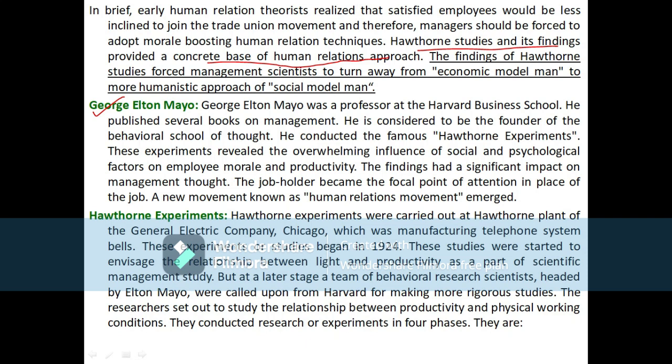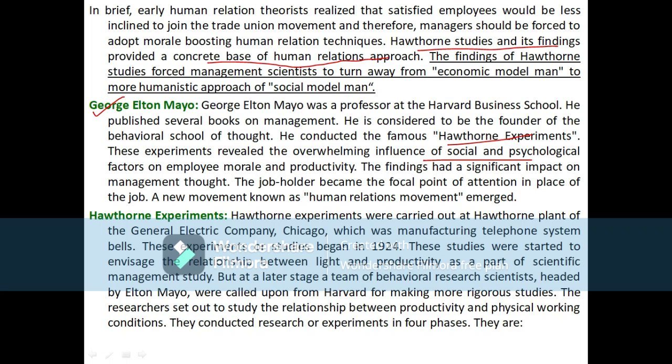He conducted the famous Hawthorne experiments, industry experiments conducted in order to know the behavior of employees, and these experiments revealed the overwhelming influence of social and psychological factors. What are the findings of the experiment? Those experiments show the influence of social and psychological factors on employee morale and productivity. Productivity depends upon the employees' social feelings and psychological factors.